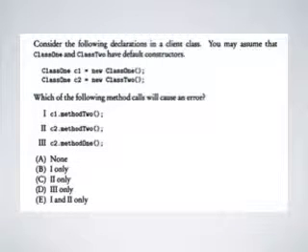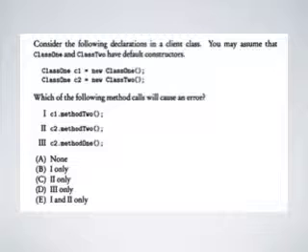Consider the following declaration in a client class. Which of the following method calls will cause an error? First, the first choice is c1 calling method 2. Definitely, because c1 does not have an explicit declaration of method 2.